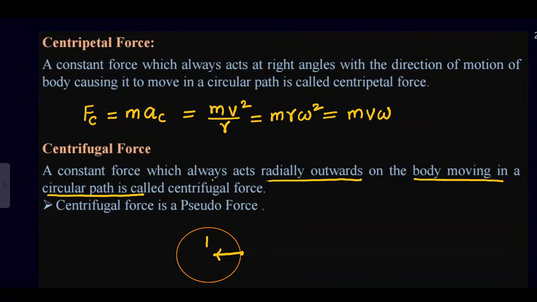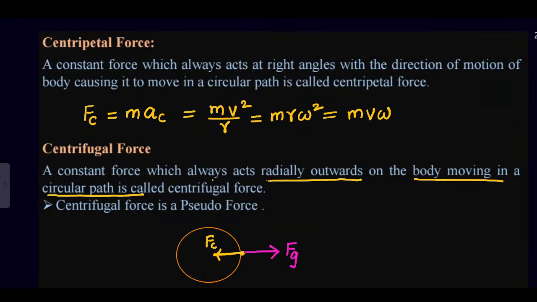This force is called centripetal force. And there is some other force which acts on the body, that is the pseudo force, in this direction. This pseudo force is what we call centrifugal force, Fg.